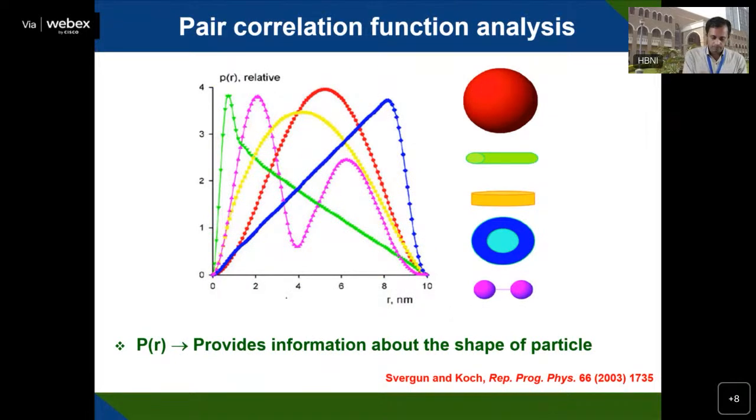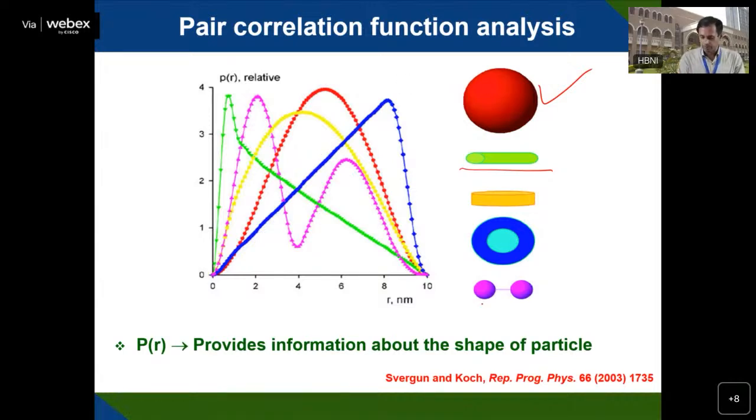So from the P(R) data, if you get this type of shape, you can analyze the structure. If you have a spherical one, you can see this red one. If the pair distribution is symmetrical, then you have a spherical particle. But in the case of a cylindrical one, initially it will be a log-normal type, then it decreases. In the case of a core-shell structure, you can see it is the blue line.